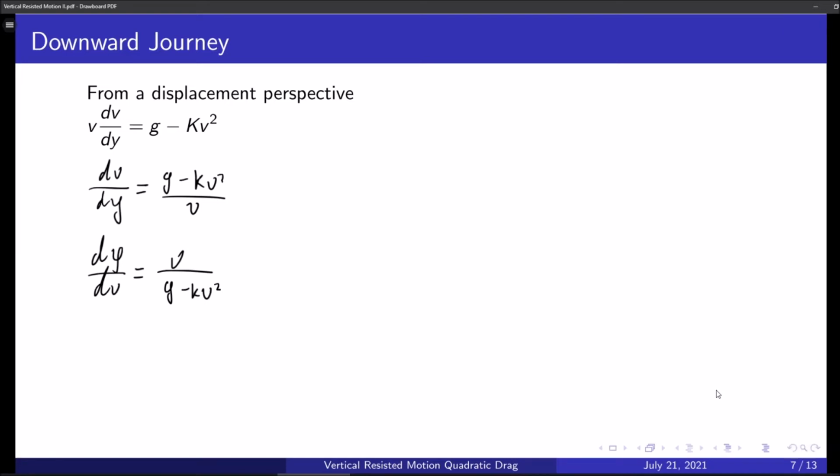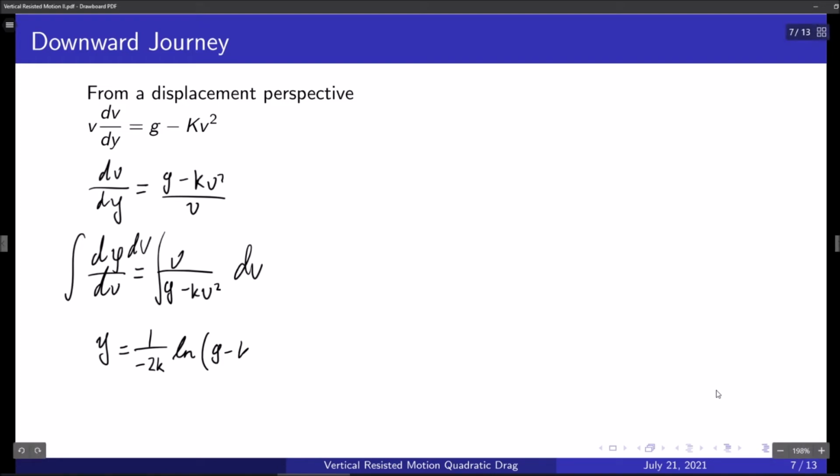So as you can see here, we can very readily make it into a log expression. So if we integrate both sides, we end up with y equals, obviously we have to make this into negative 2k, so 1 over negative 2k log of g minus kv squared plus c.